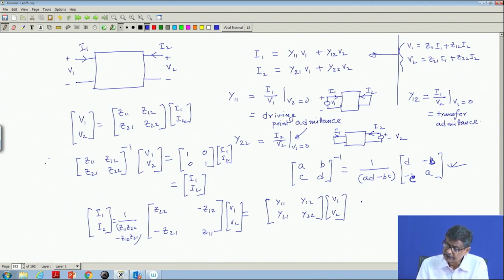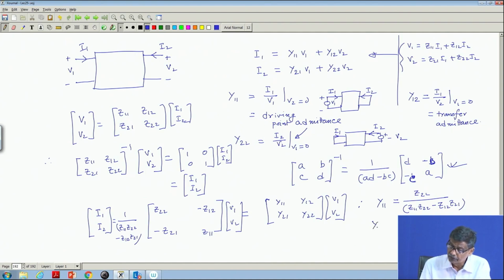Therefore, we can easily say the relationship between y11 and the, if you know the Z matrix parameter, you can find out y11 as Z22 divided by the determinant Z11 Z22 minus Z12 Z21, is not? This first element y11 is Z22 by this determinant.